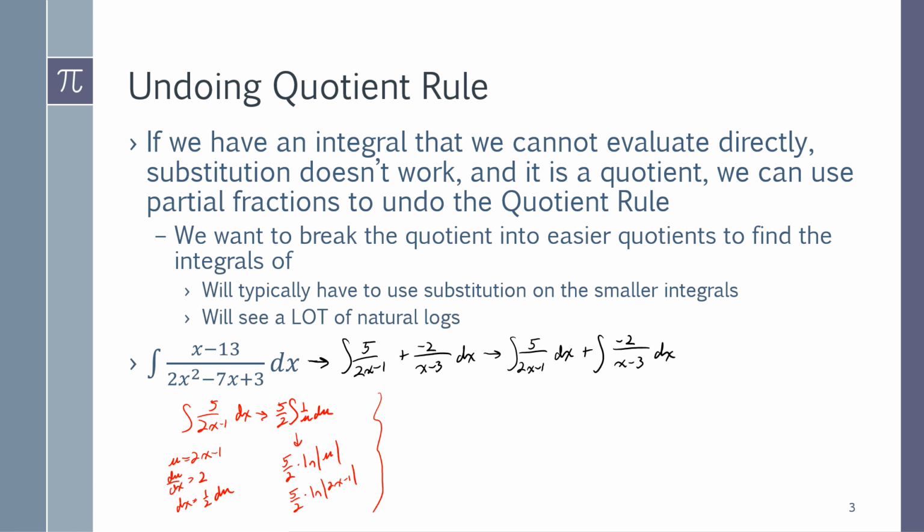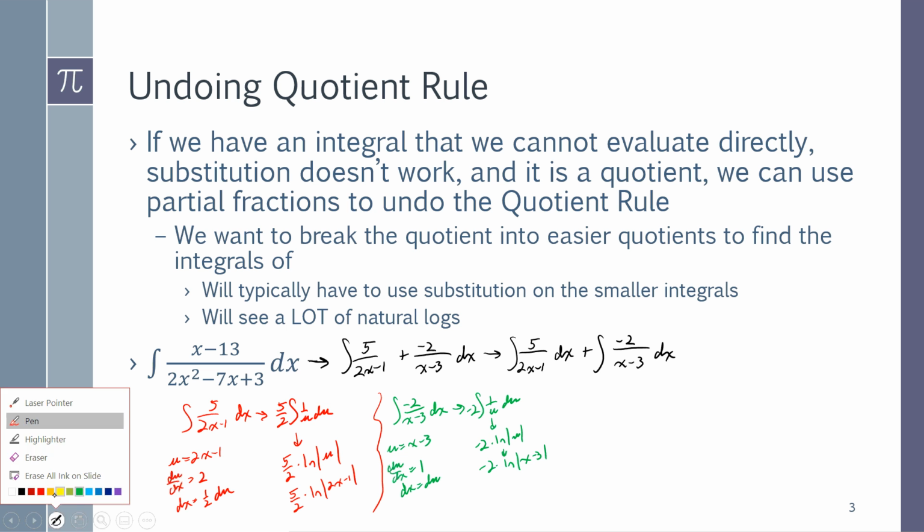Again, I'll save my plus c for the very end of all of my work here. If I focus on the negative 2 over x minus 3, I don't know that one directly. So I'm going to try substitution. So I'd have the integral, negative 2 times the integral of 1 over u du, which is negative 2 times the natural log of the absolute value of u, which is negative 2 times the natural log of the absolute value of x minus 3.